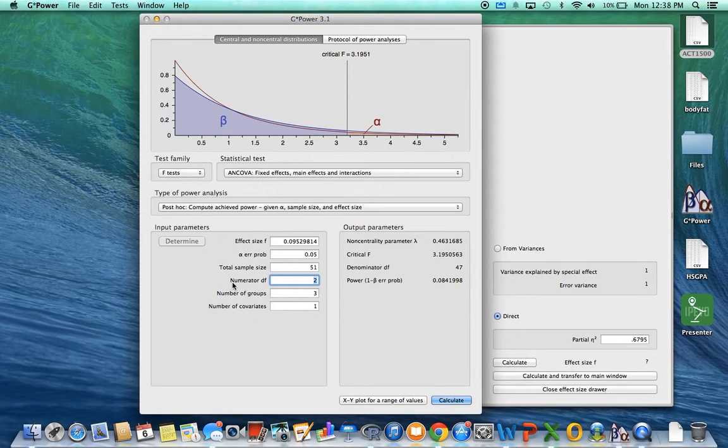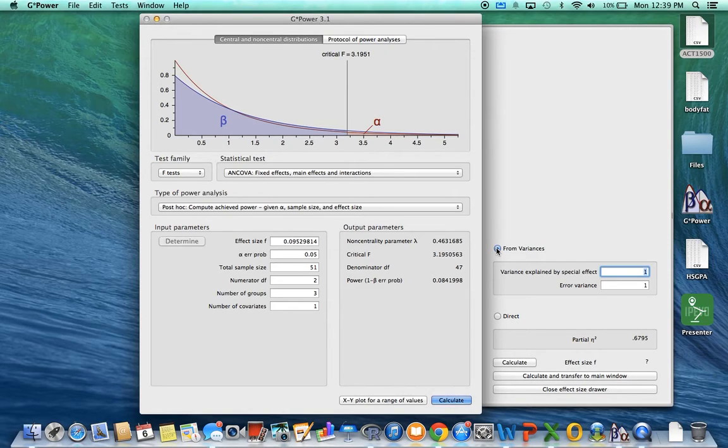I was gonna look that one up. I know the way that F statistic is calculated, and the degrees of freedom for the numerator being 2 isn't meshing with me right now. Let's see what happens up here. Variance explained by the special effect and the error variance.